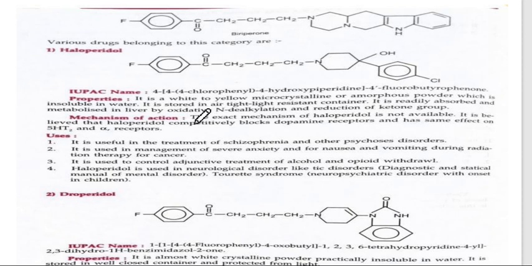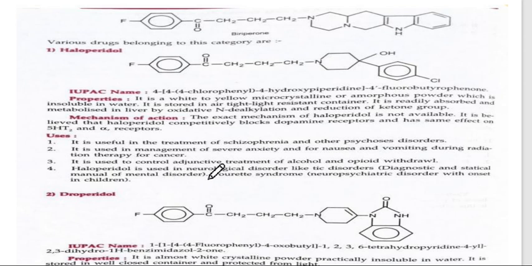The exact mechanism of haloperidol is not available. It is believed that haloperidol competitively blocks the dopamine receptors and has similar effects on 5-HT, that is histamine, and alpha receptors. It is useful in the treatment of schizophrenia and other psychotic disorders, management of severe anxiety, and used for nausea, vomiting, and in radiation cancer therapy.